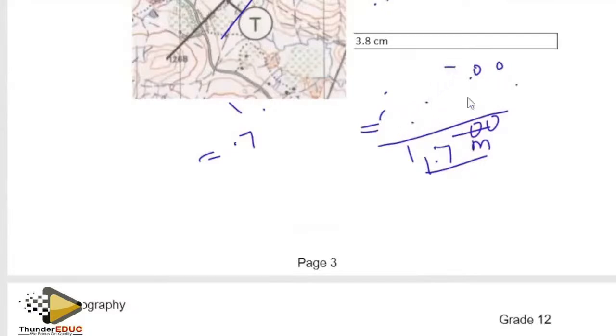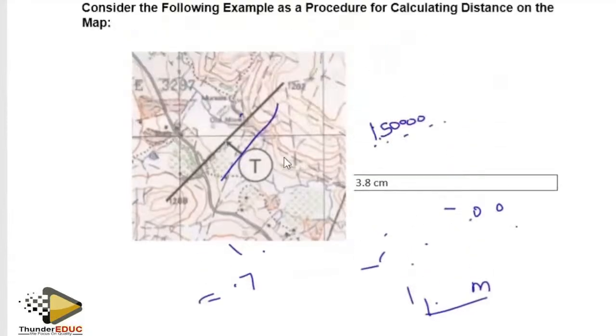Let me take an example here. When you look at this area here, it's coming from the topographic. Imagine, please just imagine, I'm not saying this is the orthophoto map. Just imagine this is an orthophoto map, and this line that you are having here is drawn on the orthophoto map. And after measuring this distance on the orthophoto map, it is giving you 3.8 centimeters. What will it be? So I think you know what to do.